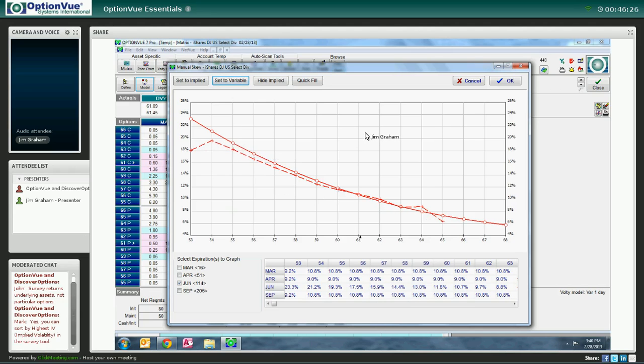If you simply used the measured MIV, that's what you would be using. But it's this line that we're drawing, the best fit curve, that's being used in the program to calculate things like the fair value. So for this option, it's not using this measured value right here. It is using the value here, where the little dot is.